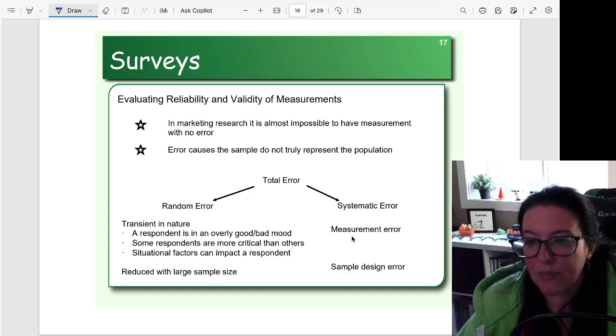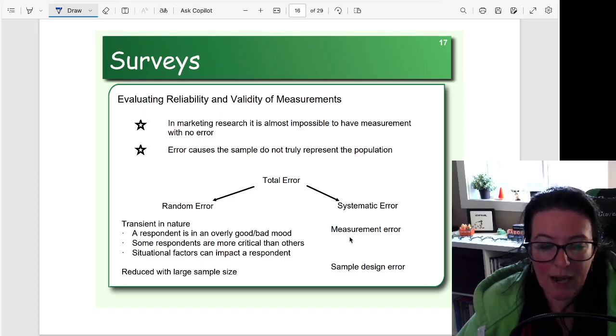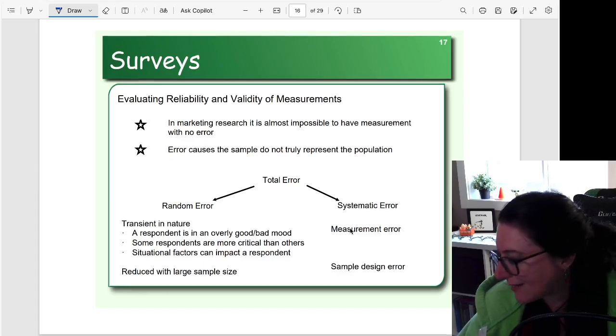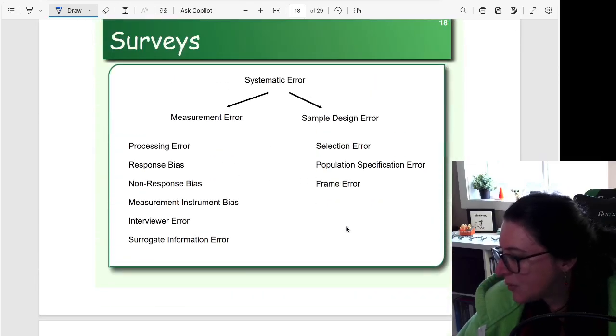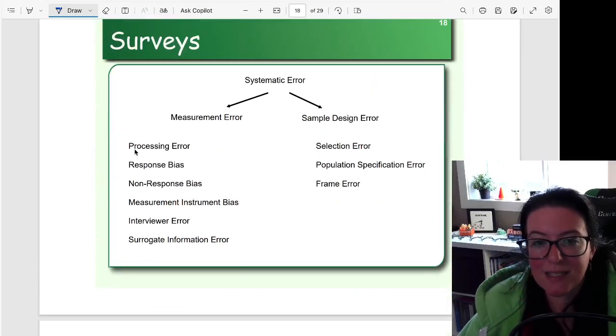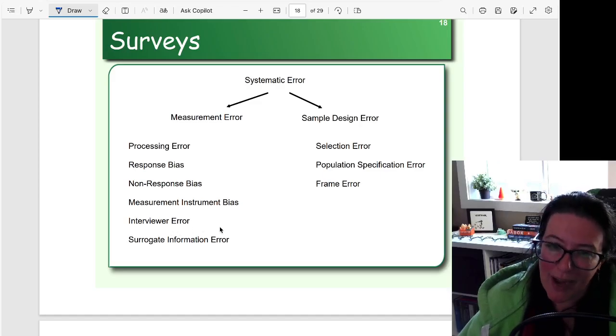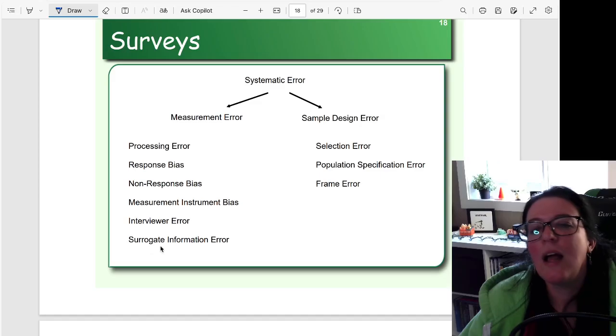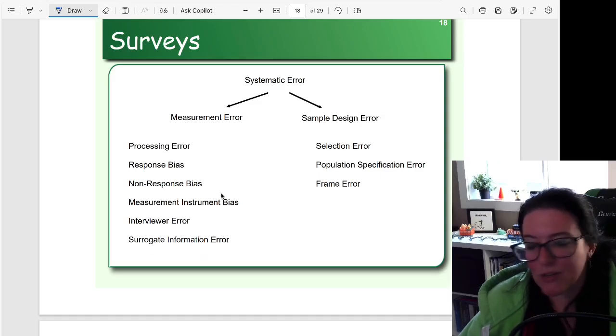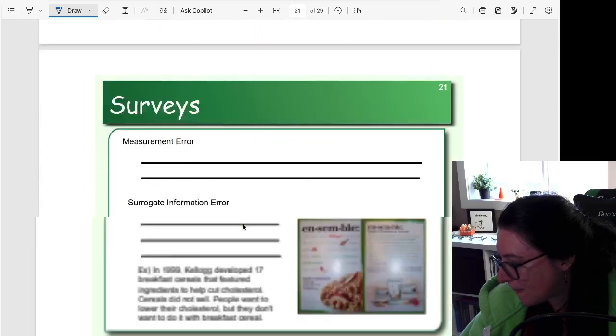So let's focus in this video on measurement error. Those measurement tools, are they giving us what we are expecting to collect in terms of information? So when it comes to measurement error, we have processing error, response bias, non-response bias, measurement instrument bias, interview error, which we've talked a bit about before, and surrogate information error. So let's go through this list.